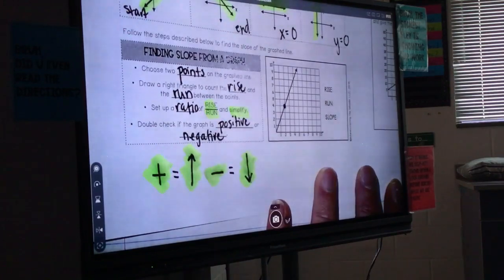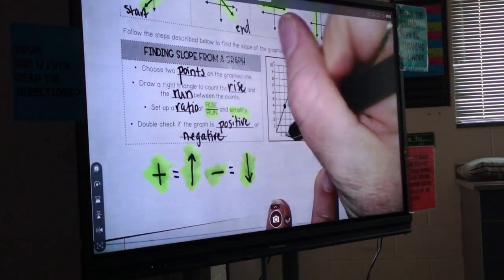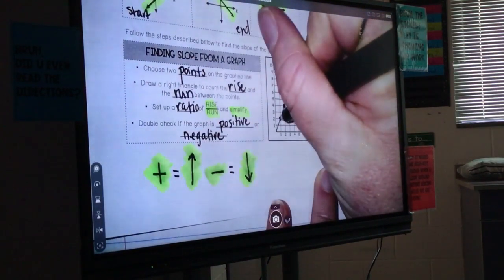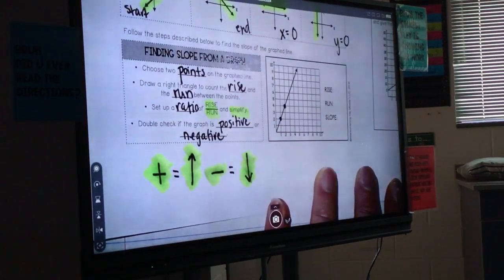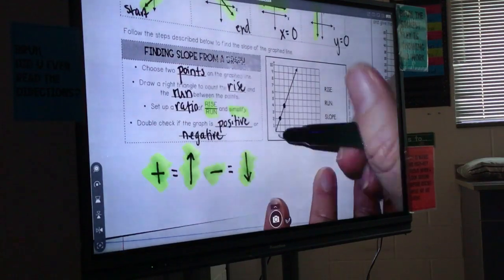All right, Nevaeh, what did you pick? 1 over, 1 up. So 1, 2. All right. What's another point that somebody picked that's not the one I picked or the one that Nevaeh picked? 1, 1. You can't pick 1, 1 because it doesn't fall on the line. You have to pick a point that falls on the line, guys.